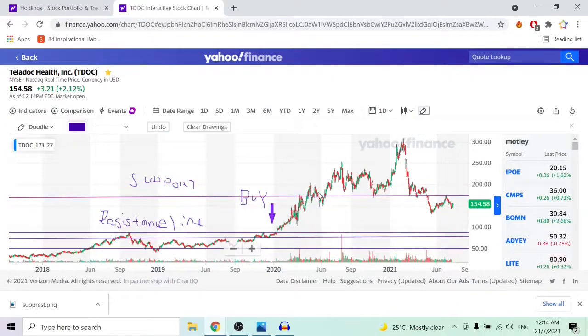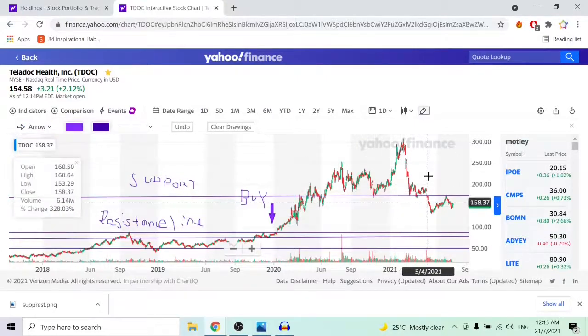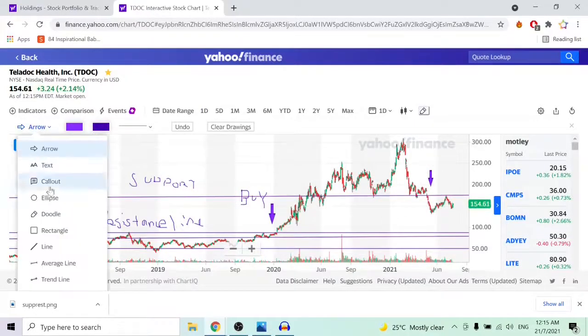So with this support line, whenever the stock comes down and down and down and reaches this line, it actually goes up again. So in this example, it goes down here, goes up again, goes down here, goes up again. So this is quite a good support line. So when they bridge this line, we could draw another arrow here.